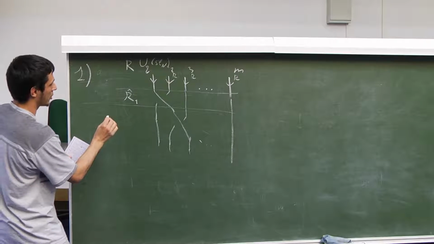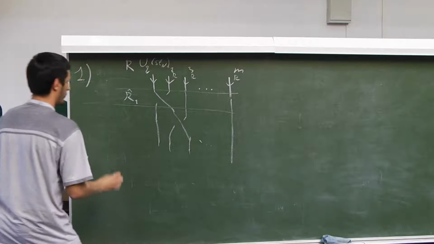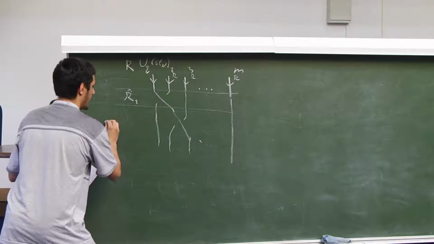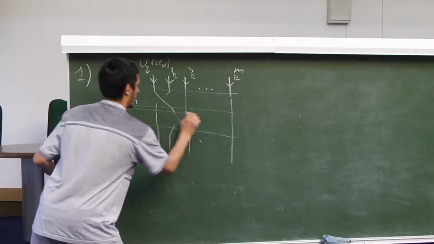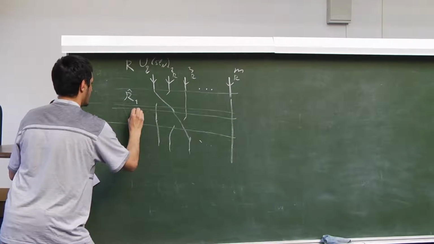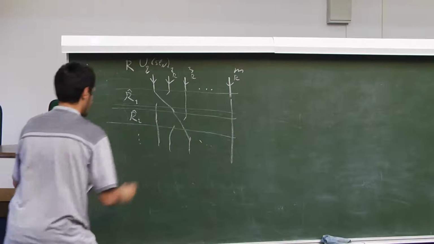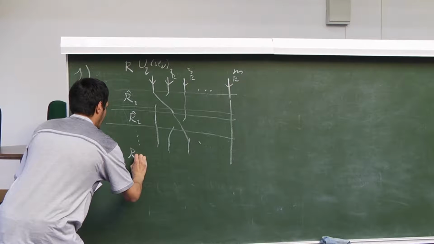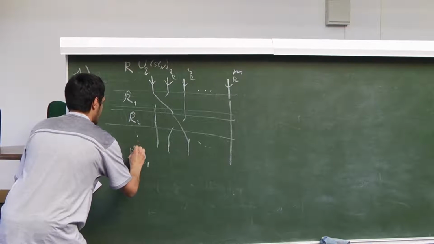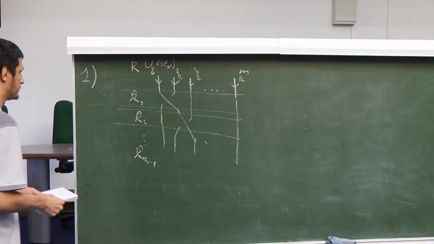So with the crossing between the first and second strands, we associate R1, then R2, and so on. If I have M strands, then I have M minus 1 different R matrices.